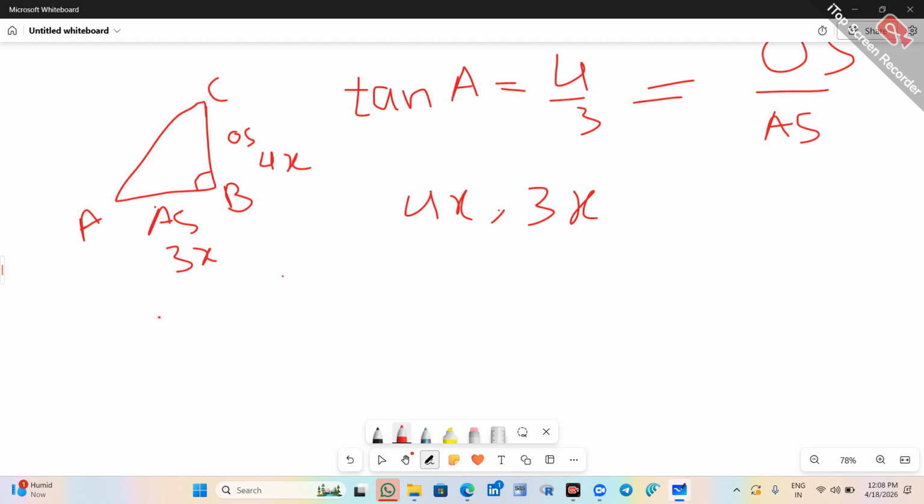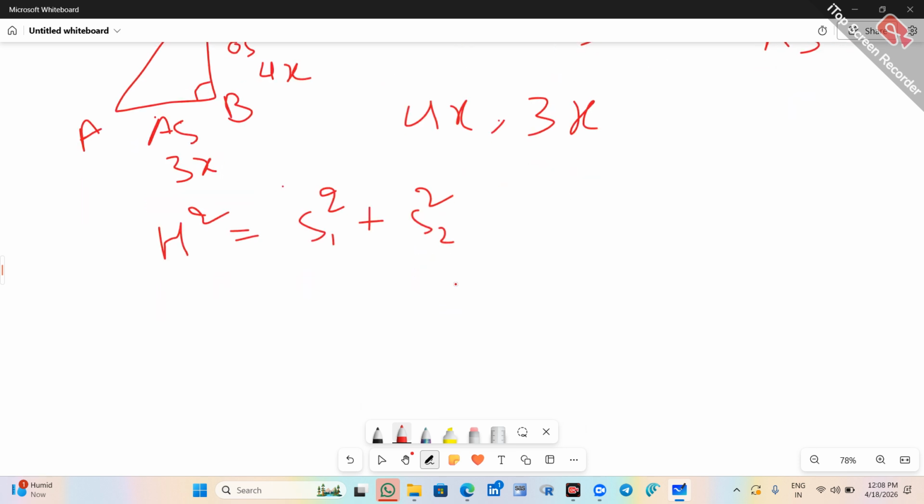And what is the Pythagoras theorem? Hypotenuse square equals side square plus side square. Here they asked us to find the measures of all three sides. So I am writing hypotenuse square equals 4x whole square plus 3x whole square.